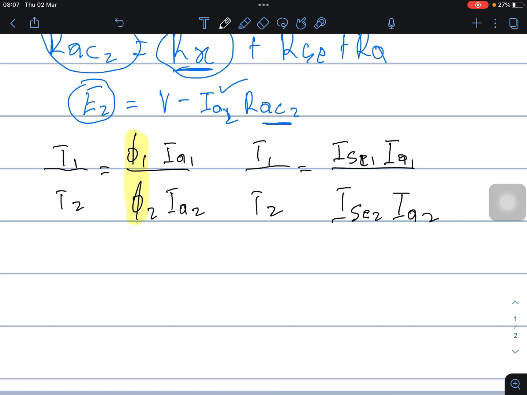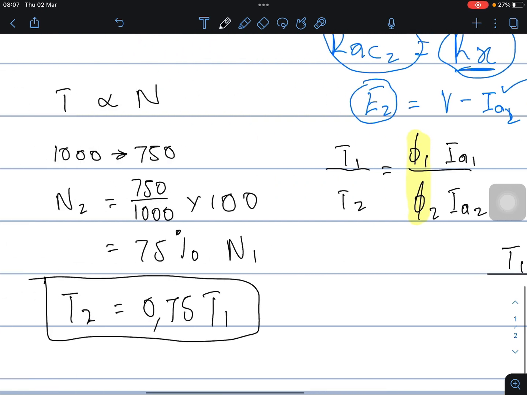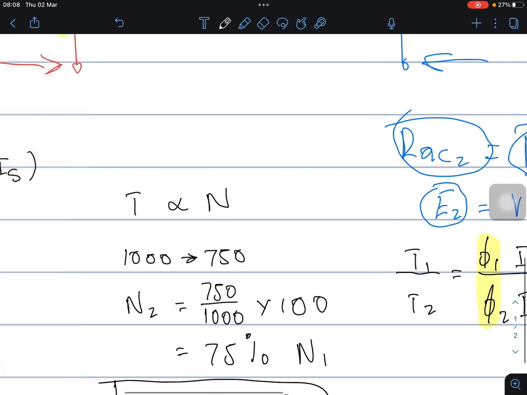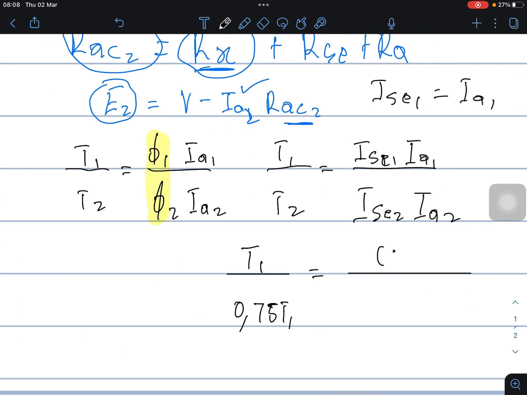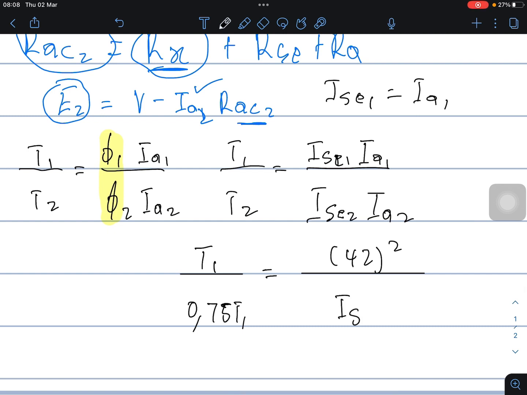Hence I will write: T1 over T2, and we substitute T2 with 0.75 T1, so T1 over 0.75 T1. Then I series 1 is equals to I armature 1, as they showed in the circuit, so I can say 42 squared over I series 2 squared, because the currents are equal.